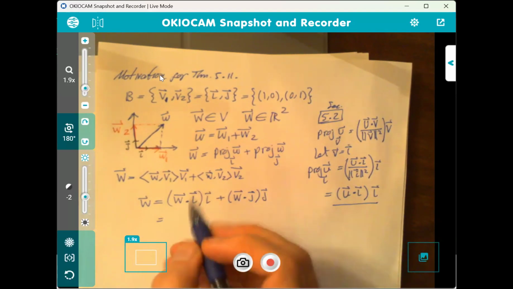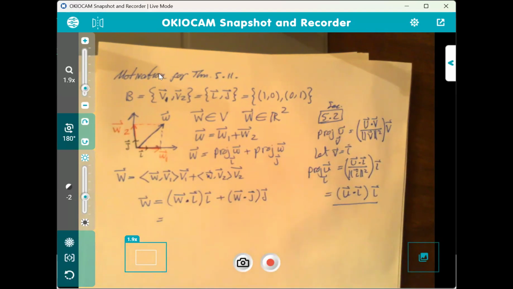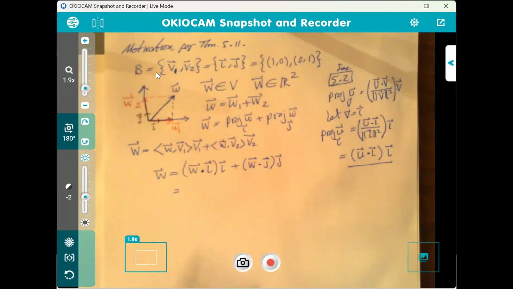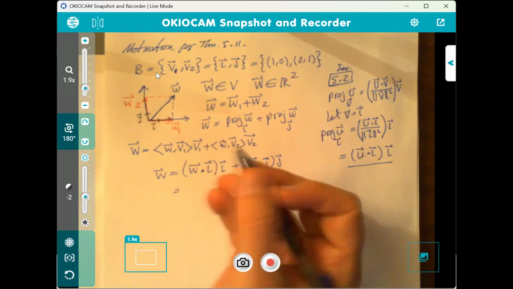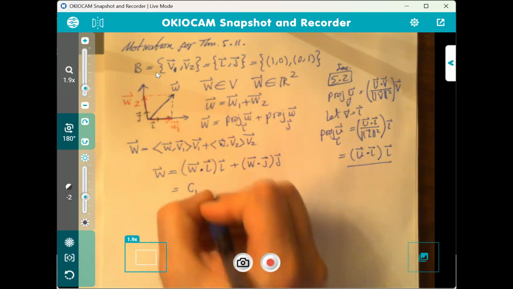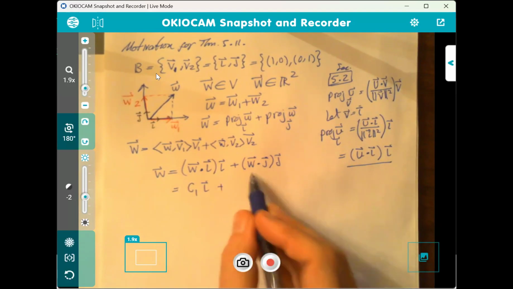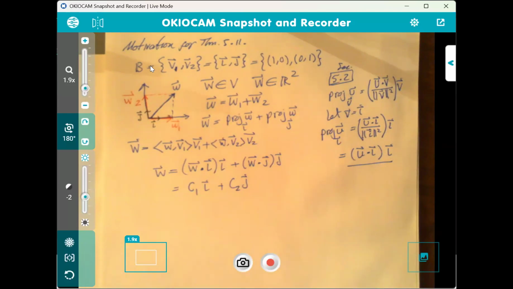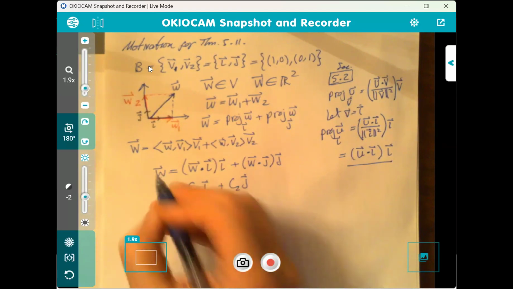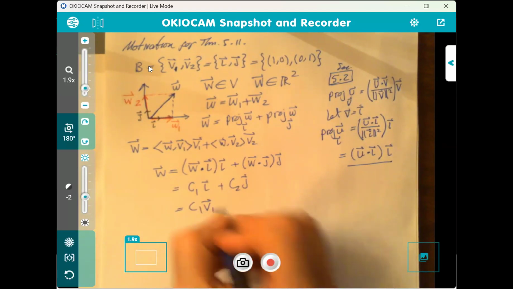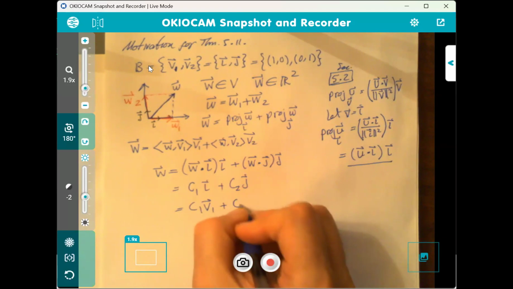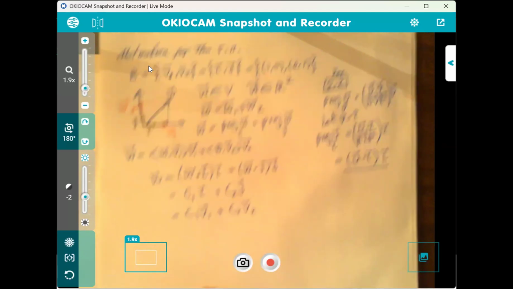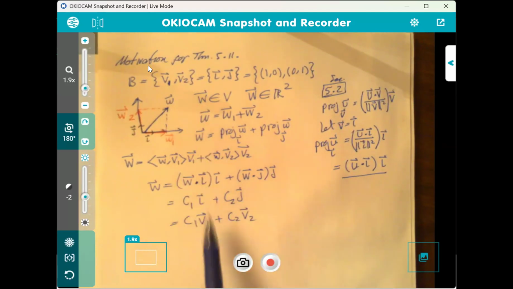Now, remember the Euclidean dot product, the scalar product. When you do the dot product of W and i, we get a constant. I'm going to call that C1 times i, plus this dot product gives you C2 times j. So what does that mean? We were able to write W as a linear combination of the first and second vectors in the basis.